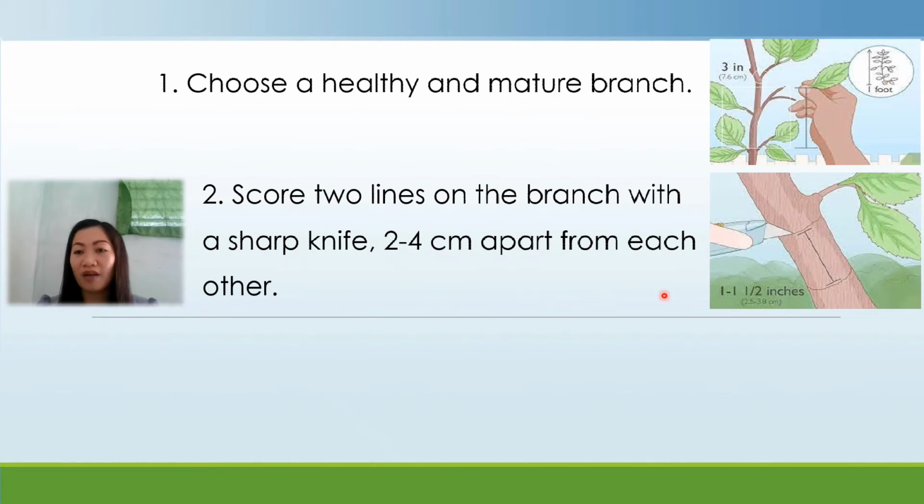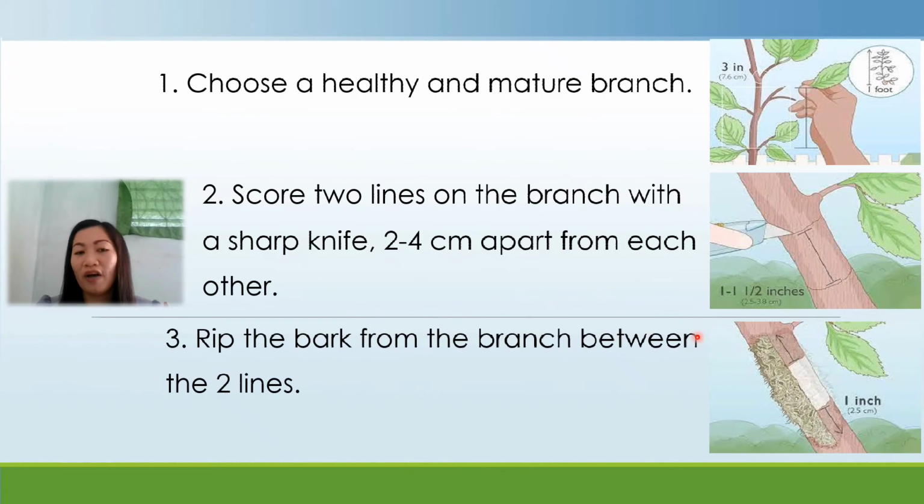After that, you have to rip the bark from the branch between the two lines. The bark is the one that covers the stem of a plant. You have to rip it off.